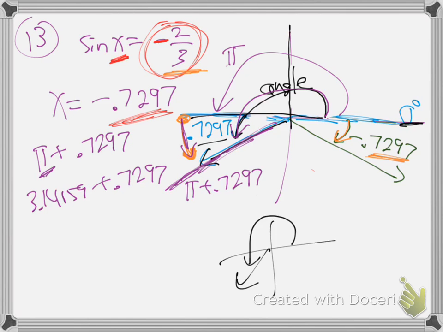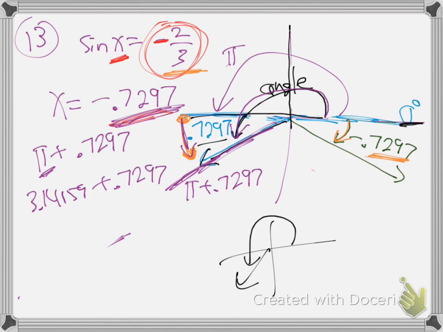We got to be accurate to 4 decimal places, they said. You guys have a pi button on your calculator, right? So pi plus 0.7297. I'm getting the other answer as 3.8713, it rounds to.